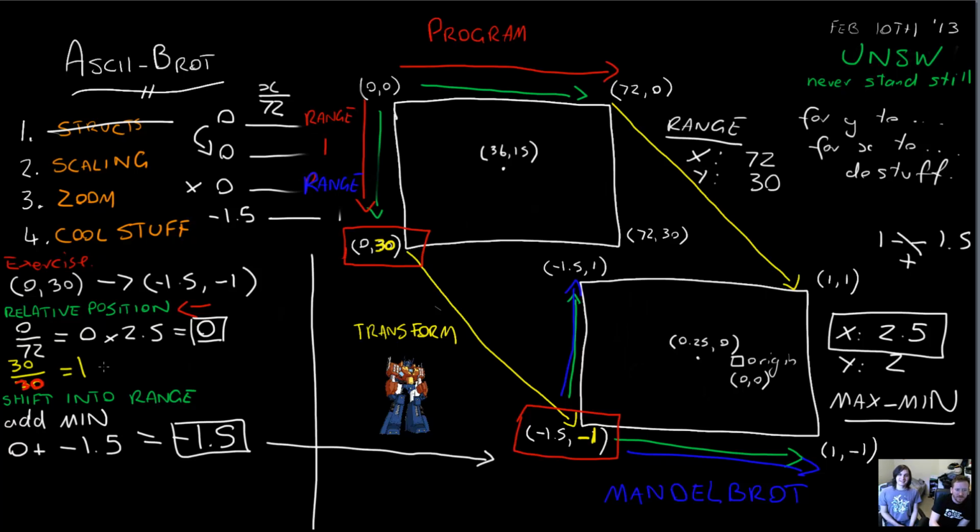Okay, so now what this is saying is that this is all the way down your program range, all the way down your y-axis. Now what we want to do is multiply it by the y range, right? So what's our y range? It's 2.